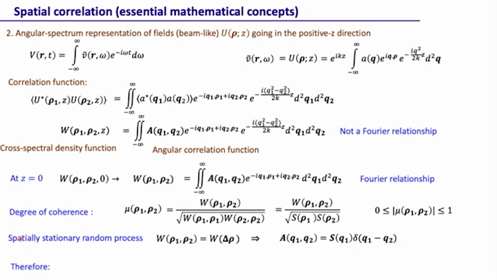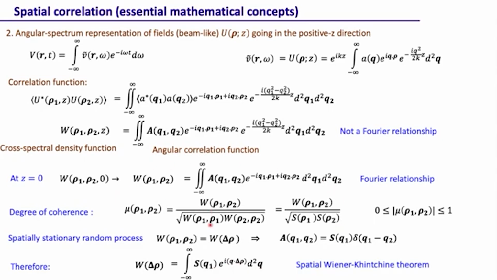So now if this process is spatially stationary, this is a condition on the cross-spectral density function, and that constrains A(q1, q2) to have this form. Then this equation we can write as W(delta rho), and this side just becomes a two-dimensional integral of S(q) e to the i q dot delta rho d2q, and this is called the spatial Wiener-Khinchin theorem.